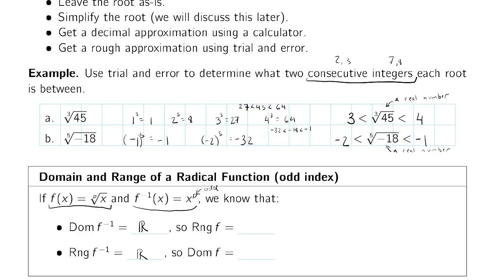Which means that its inverse has range all real numbers and domain all real numbers. So if we have an odd index radical function, its domain and range are just all real numbers. We can put any real number in there. We can get any other real number out.